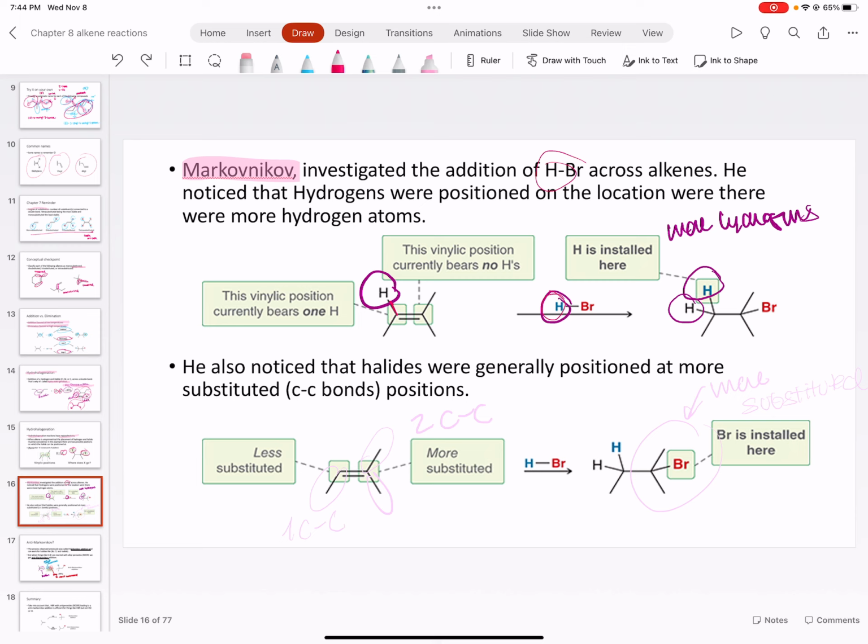So with Markovnikov, he noticed that when we broke that double bond, we added the hydrogen on the side that had more hydrogens. He also noticed that halides were positioned on the side of the double bond that was more substituted, or that contained more carbon-carbon bonds.